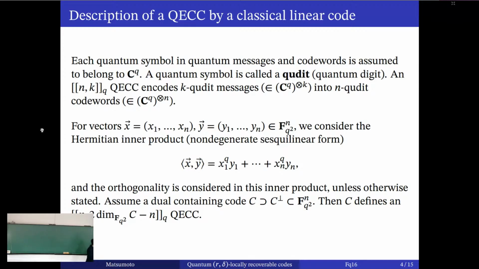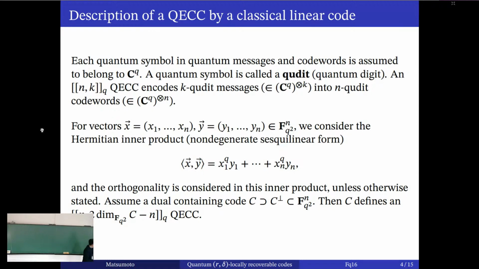For two vectors x and y, we consider the Hermitian inner product defined by this right hand side. Orthogonality in this talk is always considered in this inner product unless otherwise stated.